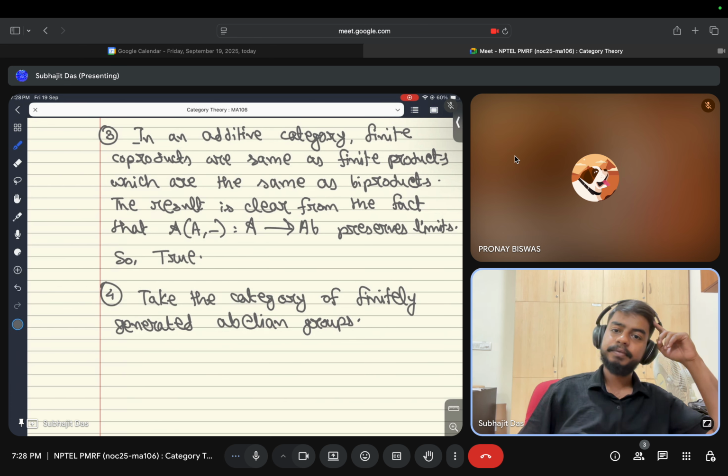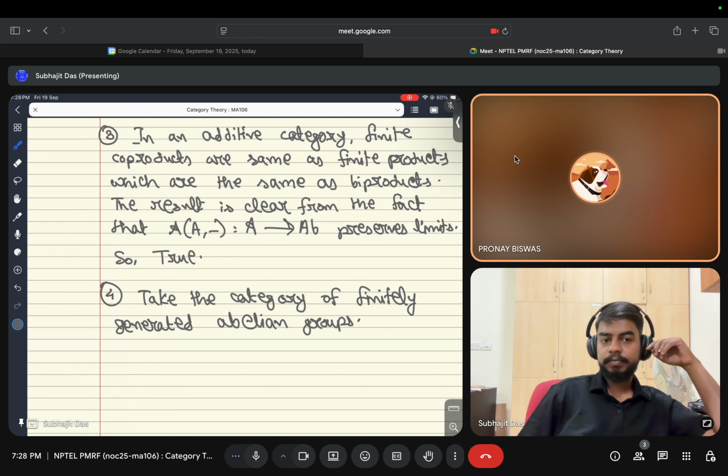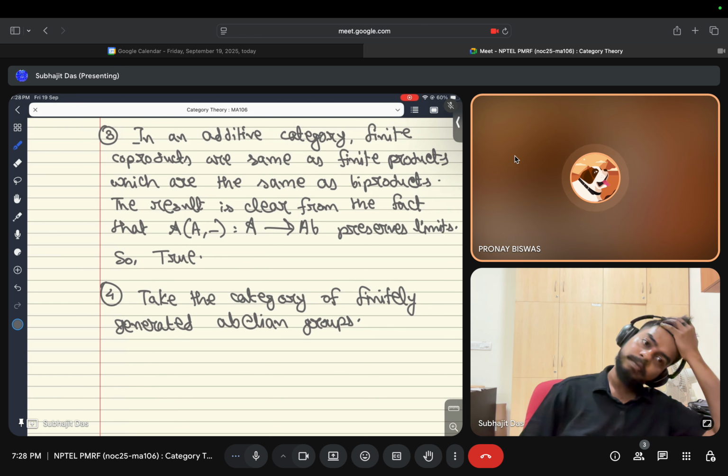In other words, suppose A and B are finitely generated abelian groups and F is a map of finitely generated abelian groups from A to B. Is the kernel also finitely generated as an abelian group? Why?